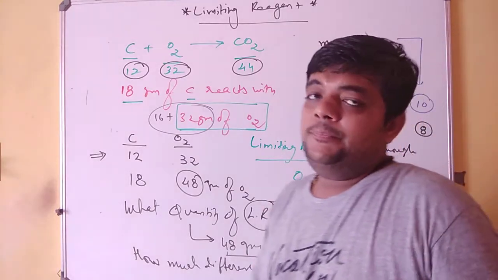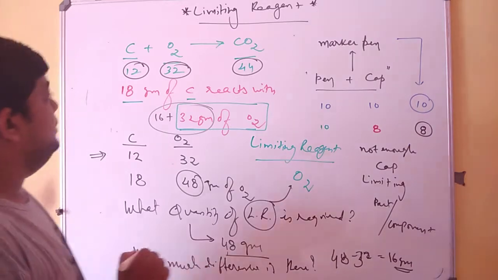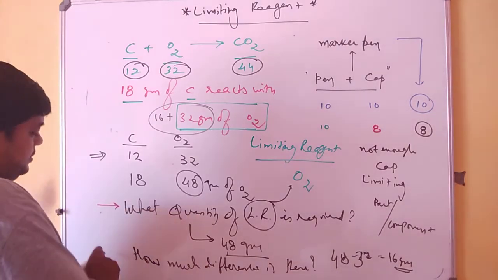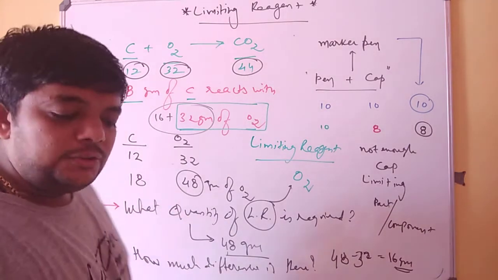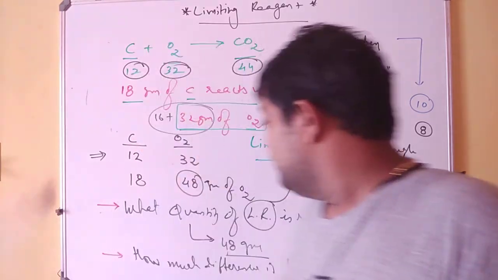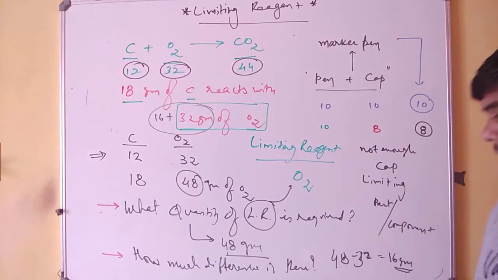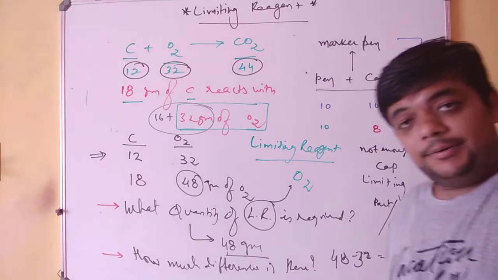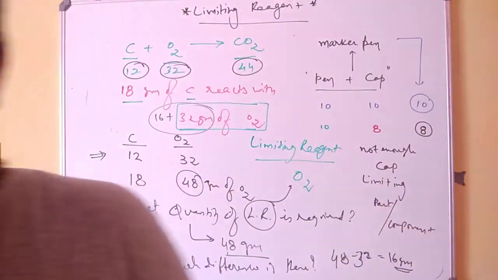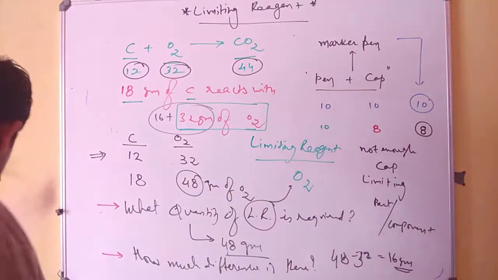So friends, along with identifying the limiting reagents, you must also identify these two questions: what quantity of limiting reagent is required and how much difference is there. So this is how we calculate for limiting reagents.